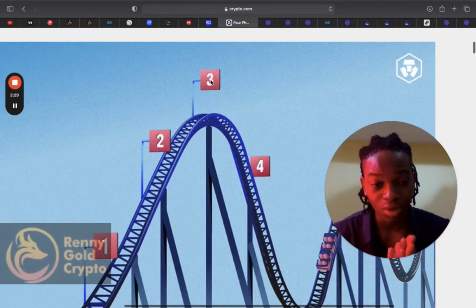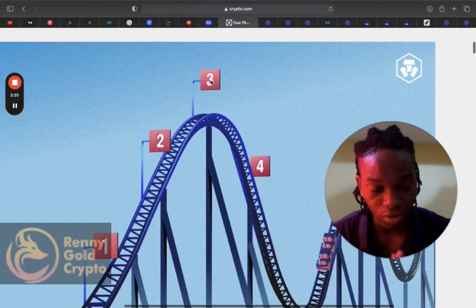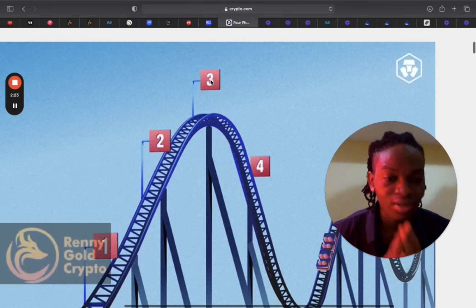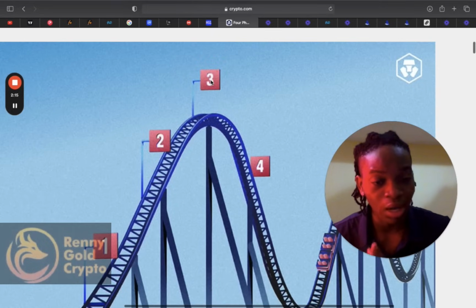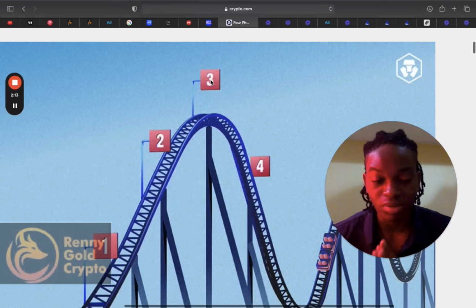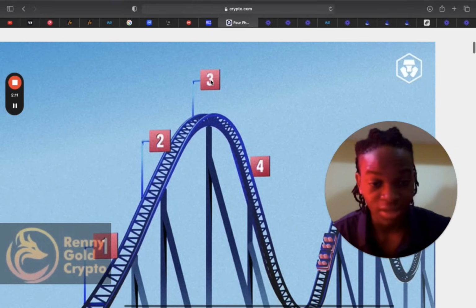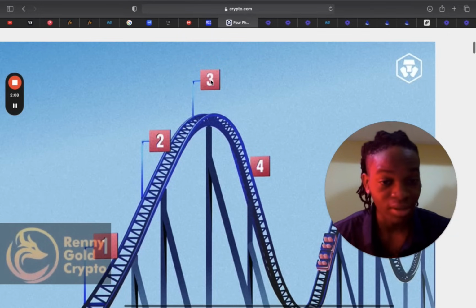Imagine we have 100% of investors, and 70 to 80% of them are selling off their investments. What happens? Remember, the crypto market has demand and supply. So there's no demand anymore.